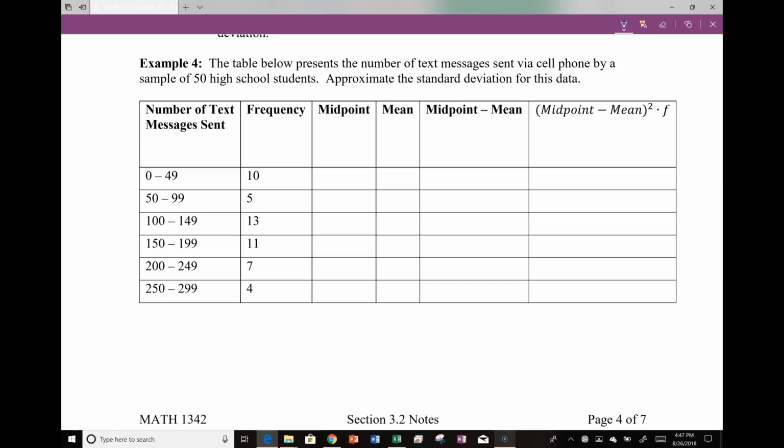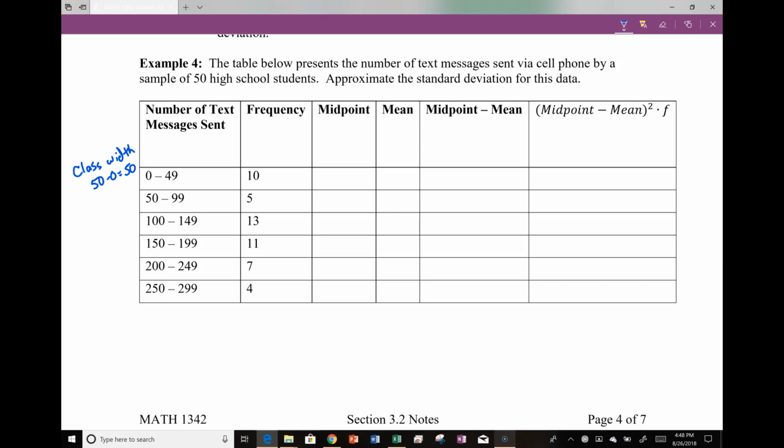The class width is 50, because recall that class width is the difference between the two lower limits. So if I take 50 minus 0, that's going to be 50. And you'll notice add 50, add 50, add 50, add 50, add 50. Subtract 1, subtract 1, subtract 1, and this is how we get our classes.